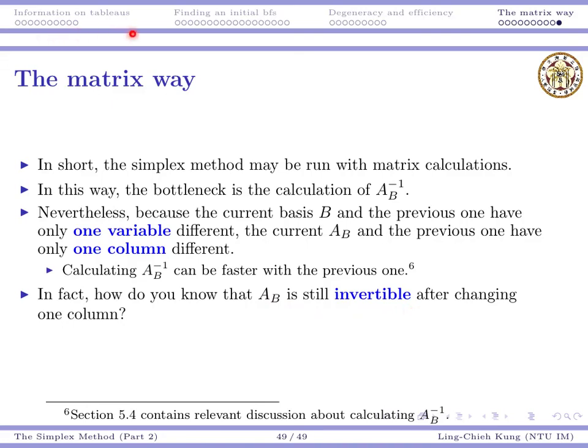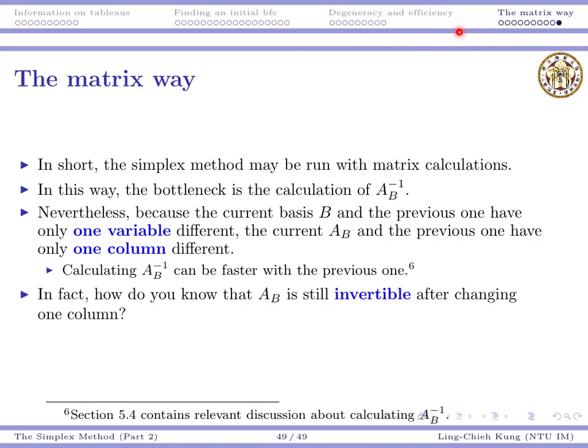You know how to detect unboundedness and multiple optimal solutions. You know how to do the two-phase method to find an initial basic feasible solution or show that there is no feasible solution. You know the impact of degeneracy. There may be no improvement, there may be cycling.